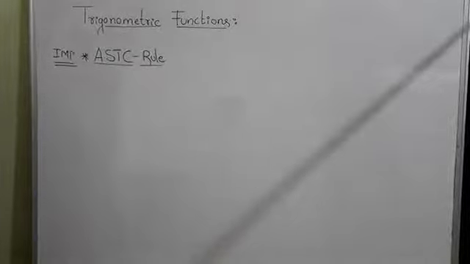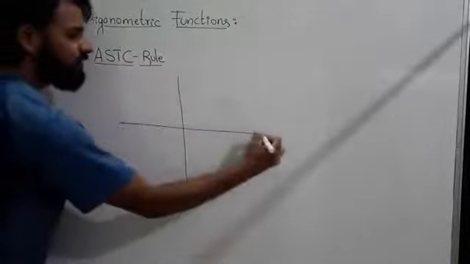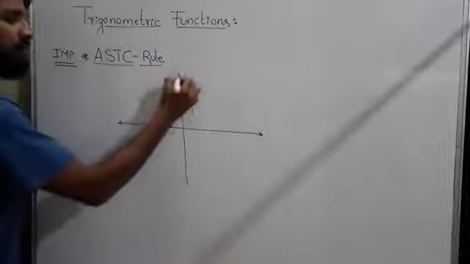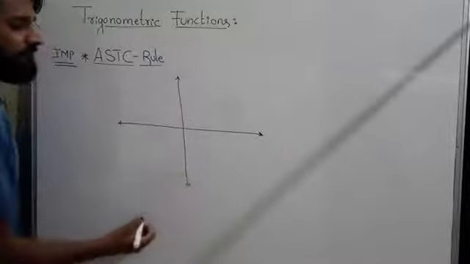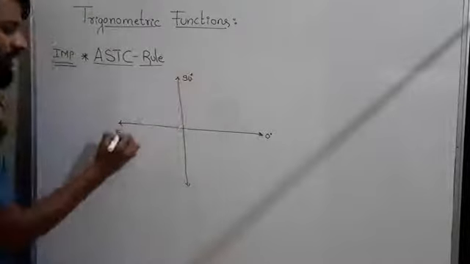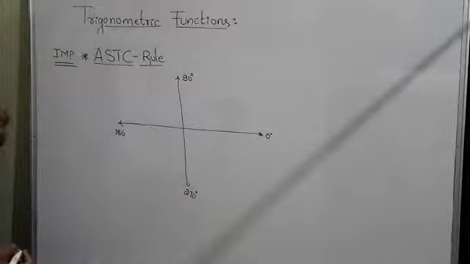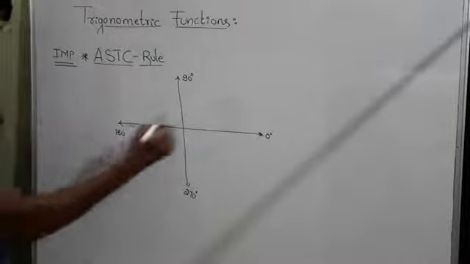Well, dear friends, the next concept is something called the ASTC rule, which is very, very important. So we'll understand what the ASTC rule is. For that, I need a Cartesian plane with 4 quadrants: 0 degrees, 90 degrees, 180 degrees, 270 degrees. So the ASTC rule says like this.